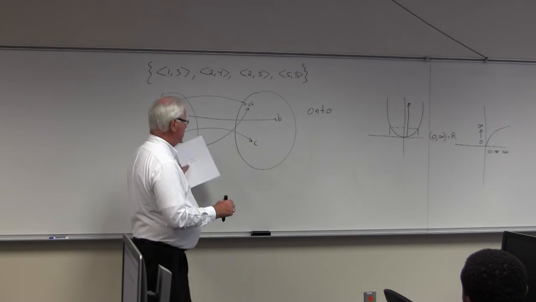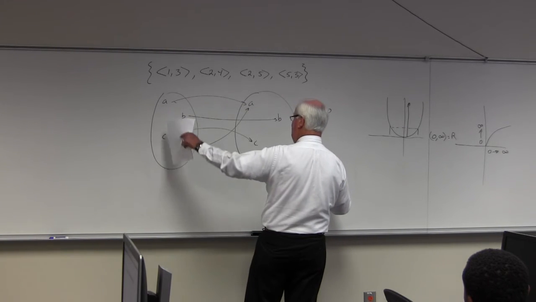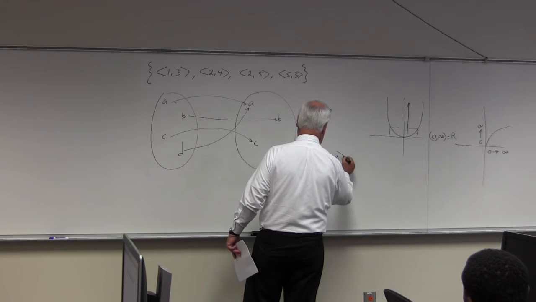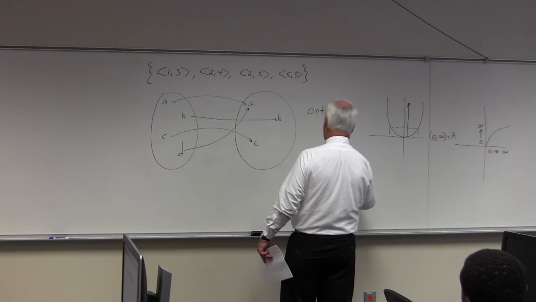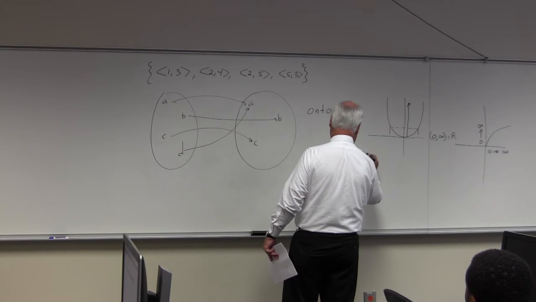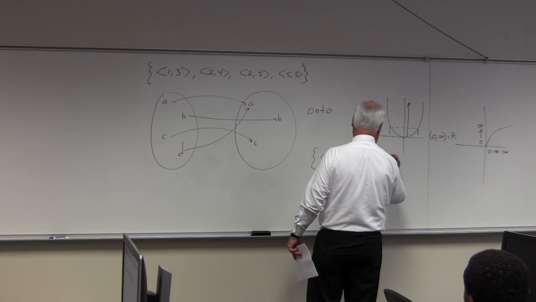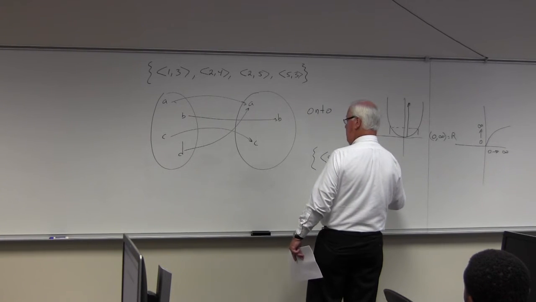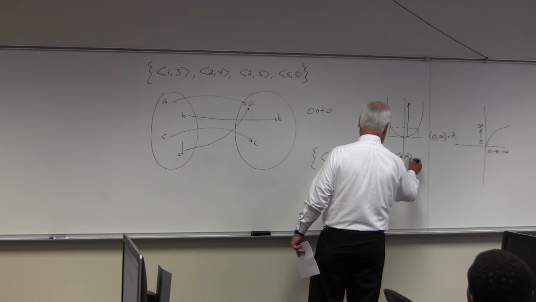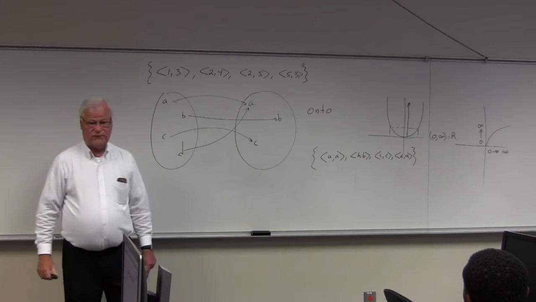How would we do this one in set notation? Well, we have A and A. We have B and D, B and B, right? We have C and C. And we have D and A. And there would be the relation, and that's a function.